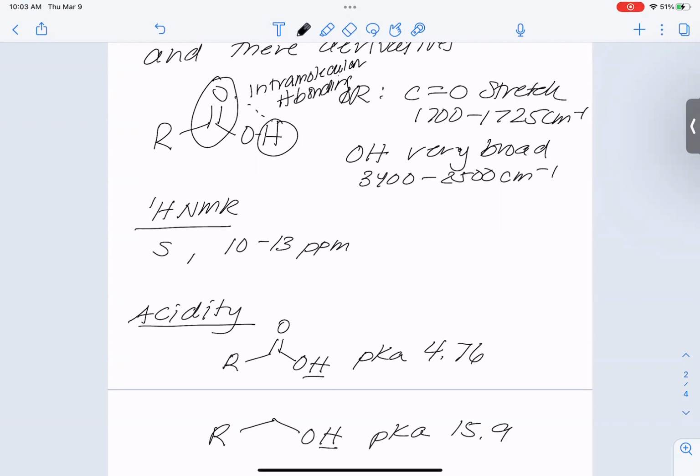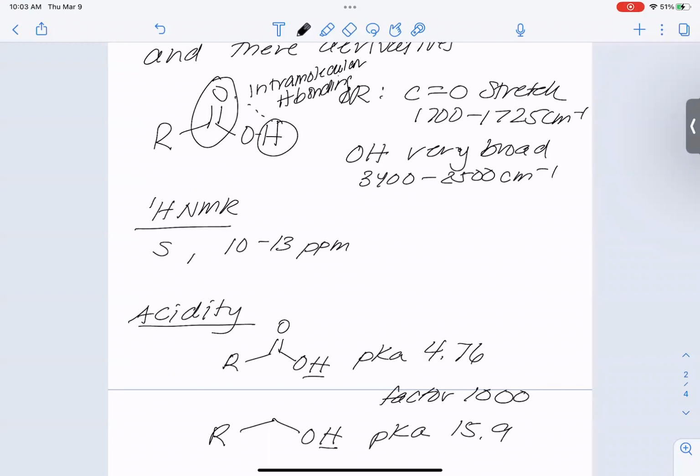All right. So I have a carboxylic acid here and I have an alcohol. Again, you have to understand this is a log scale, all right? So that is essentially a factor of 1,000 difference in acidity, okay?